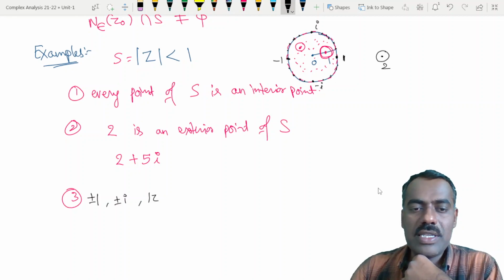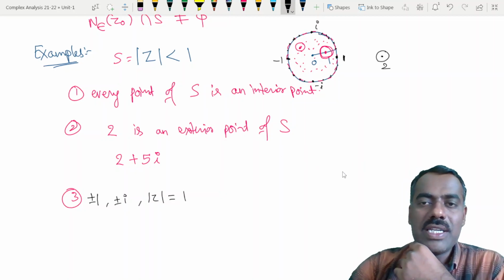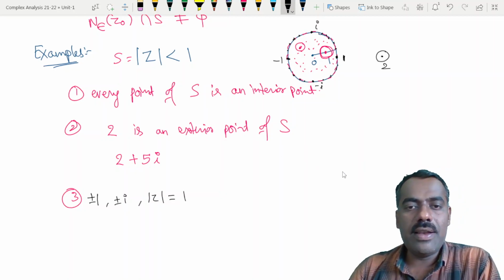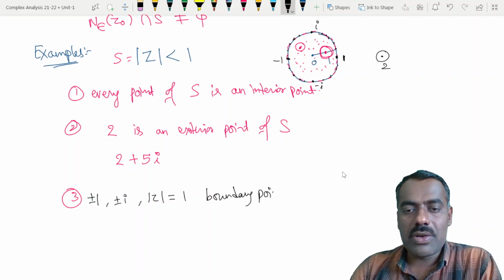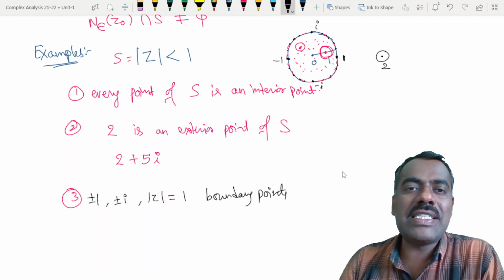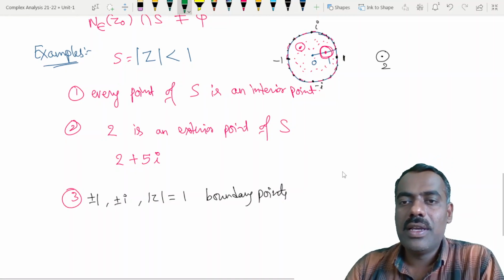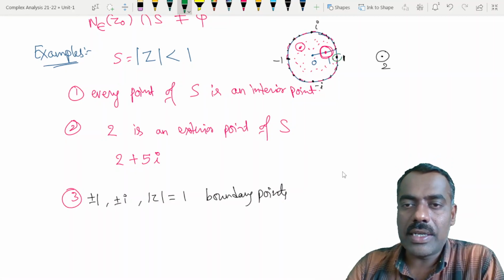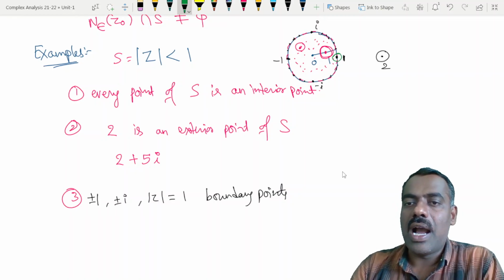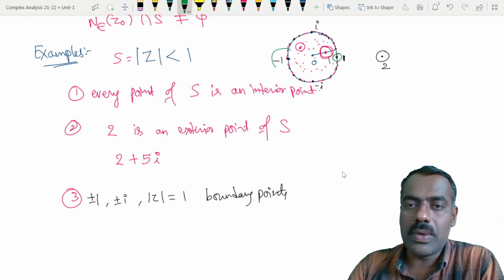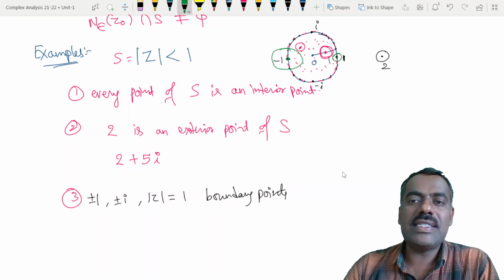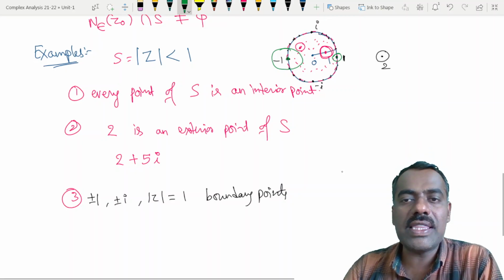So not only this, any z satisfying mod z equal to 1, they are all boundary points. Now can somebody tell why 1 is a boundary point? However small a neighborhood you take, or however big, around 1 or around minus 1, some part is with S and some part is with S complement.